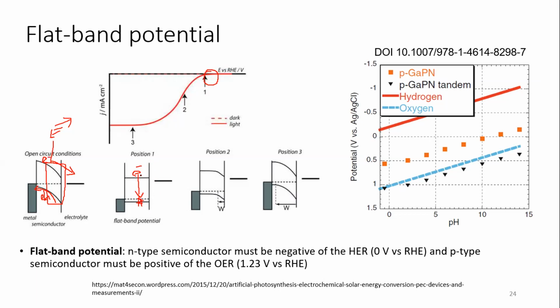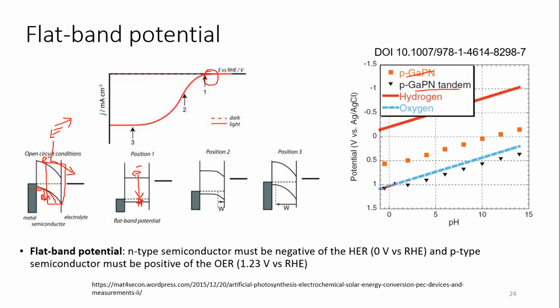And the second important thing is that if you have an n-type semiconductor, the flat band potential should be more negative than the hydrogen evolution reaction, and similarly for p-type, it should be more positive. What happens if it is not? You can see one example here: p-type semiconductors, one normal p-type and another with a tandem structure.